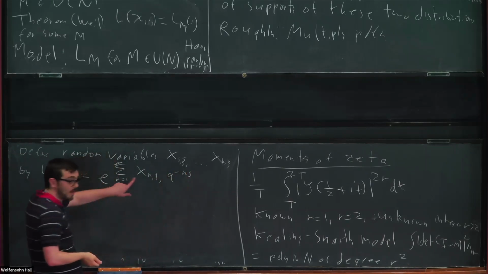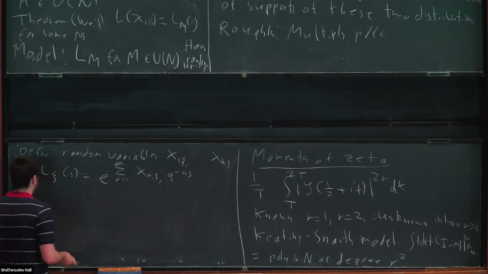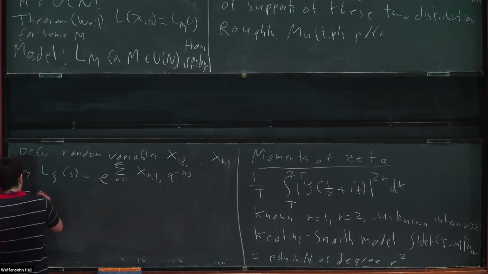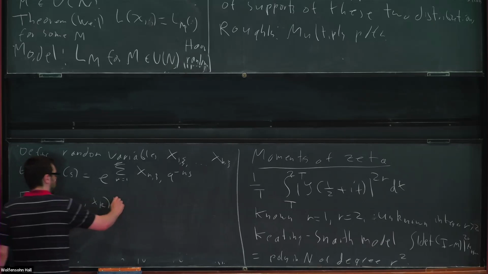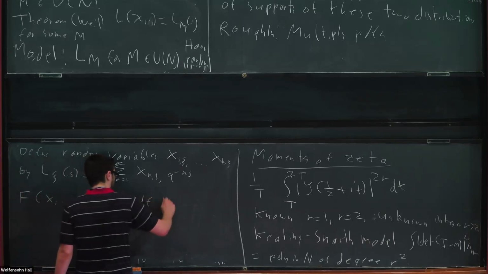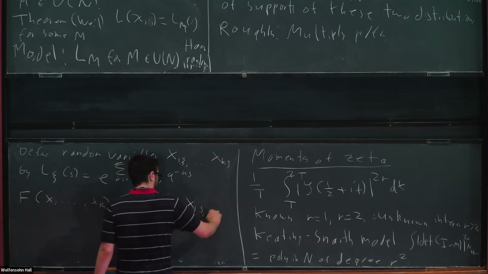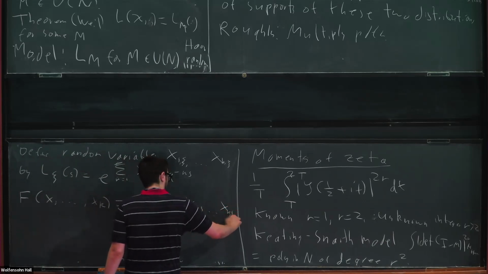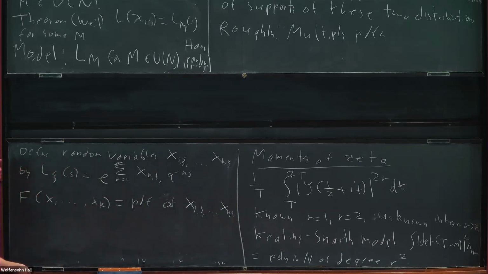So I want to extract the coefficients of the logarithm here, and I'll call those my variables xn. And so I'll define a function f in k complex variables to be the PDF, probability density function, of x1c up to xkc, where k is a weird auxiliary parameter. I'll say more about that in a second.